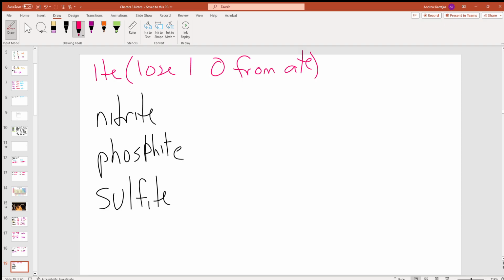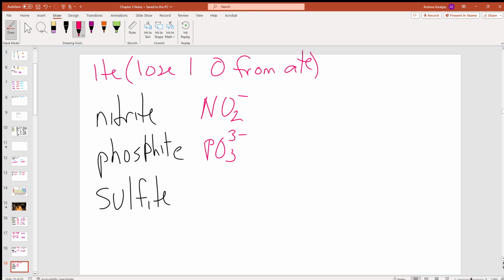So for example, nitrate was NO3 minus, so nitrite NO2 minus. Phosphate PO4 3 minus, phosphite PO3 3 minus.